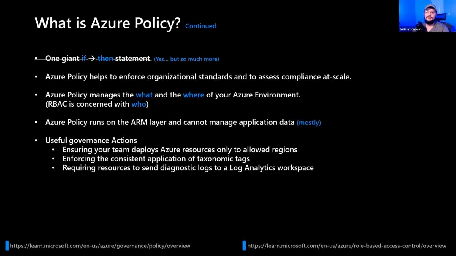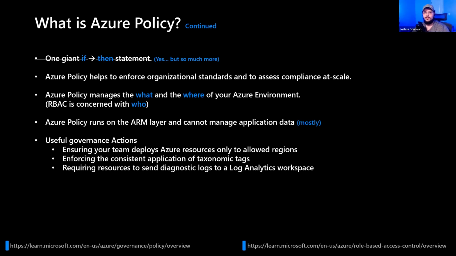So what can you do with Azure Policy? Azure Policy helps you enforce your organizational standards and also helps you assess your compliance to those standards through the compliance dashboard. We'll be able to see a little bit of that today, but we're not going to dive super deep into the compliance dashboard today. The way I think about Azure Policy is you use it to manage the what and the where of your Azure environment. If you're concerned with the who, so who is doing something, you're going to want to look at identities or RBAC, which is role-based access control.